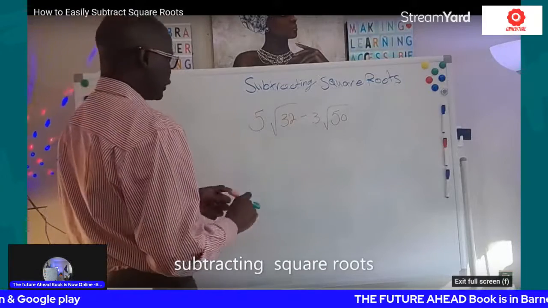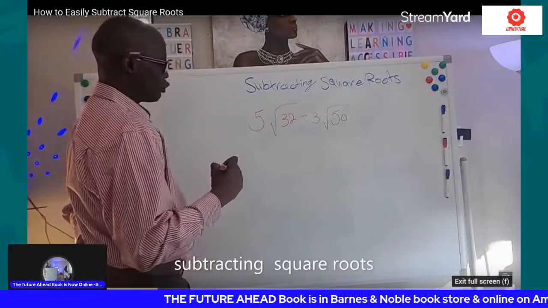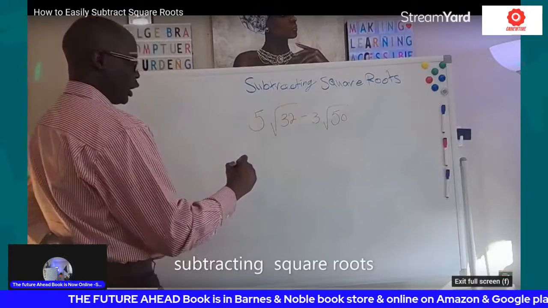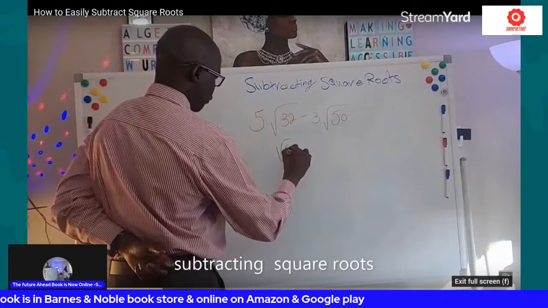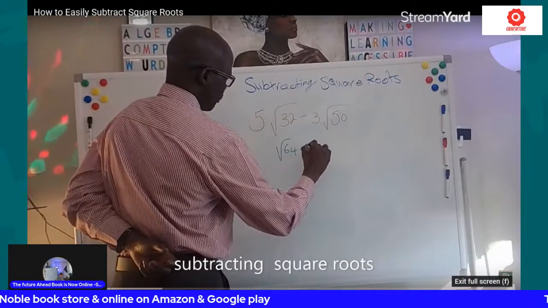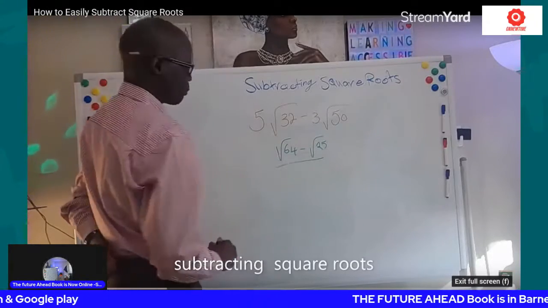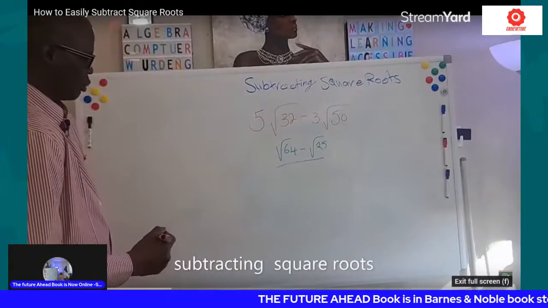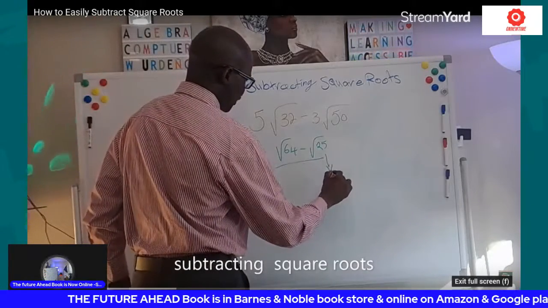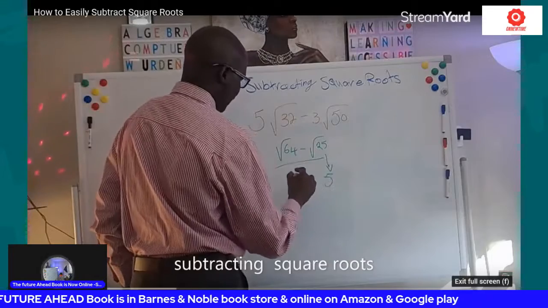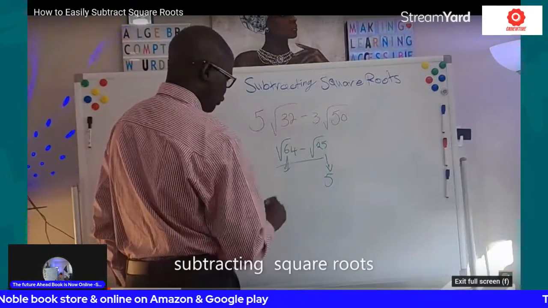We can use a subtraction to subtract a square root. If you have a normal square root, like the square root of 64 minus the square root of 25, let's say for example, we know the square root of 25 is 5, and we know the square root of 64 is 8.